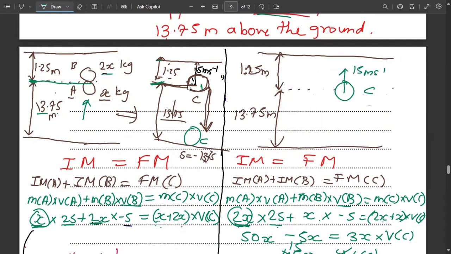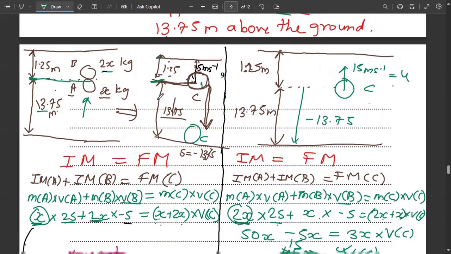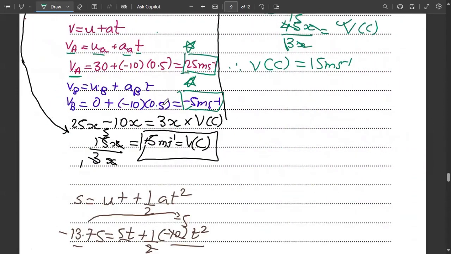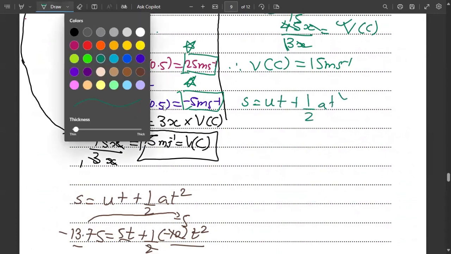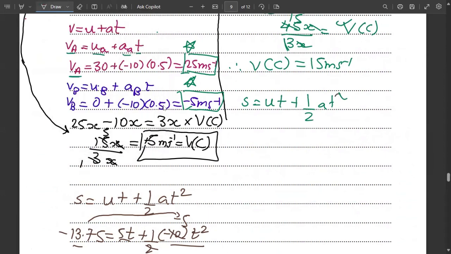So again, the distance it has to travel is downwards minus 13.75. So we'll consider this as the initial velocity, and we'll again go with s equals ut plus half a t square. So s is minus 13.75.